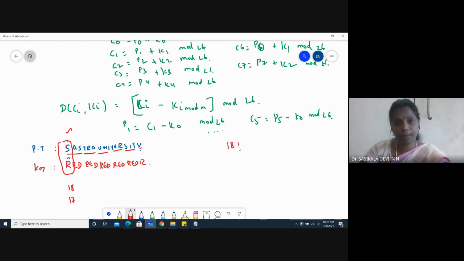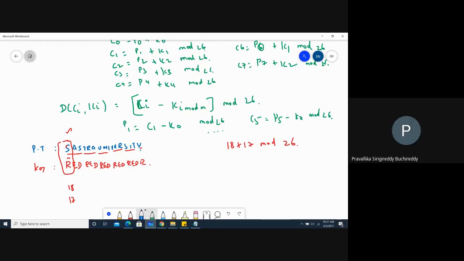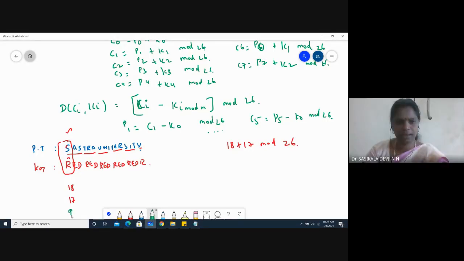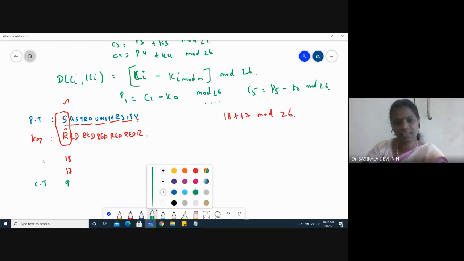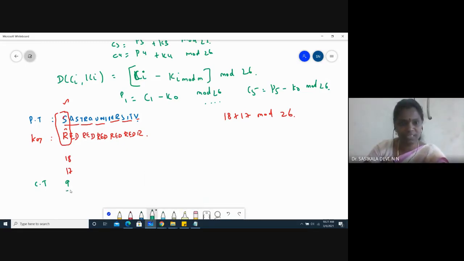So 18 plus 17 mod 26 gives 9. So the ciphertext is the ninth character. Starting with 0, what is the ninth character? It is J. So S is to be replaced by J.